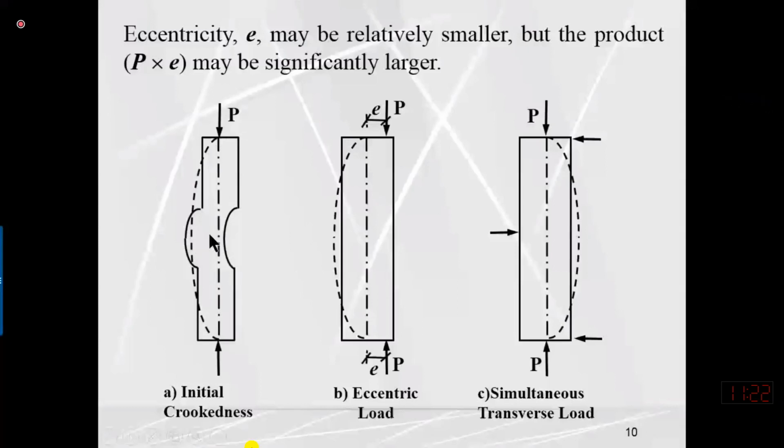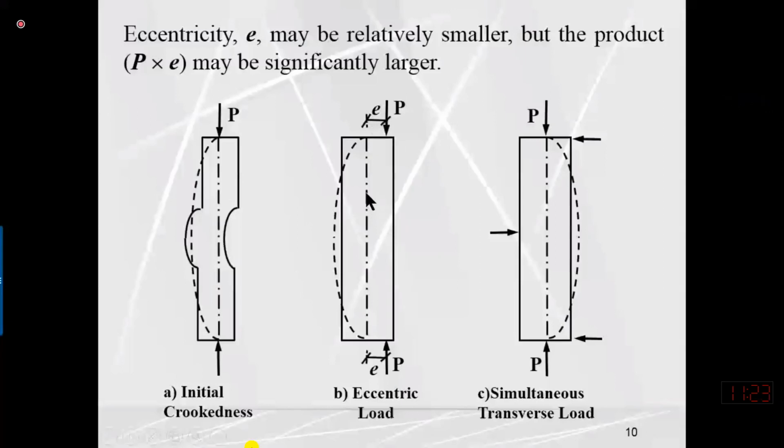Similarly, if we are having a perfectly straight column, this is the theoretical center line, and the line of action of the load is parallel to the theoretical center line, or the load is actually not passing through the theoretical center line. So the load is eccentric, with eccentricity e. So it means that this column is subjected to moment. If I multiply P into e, it is producing a clockwise moment.